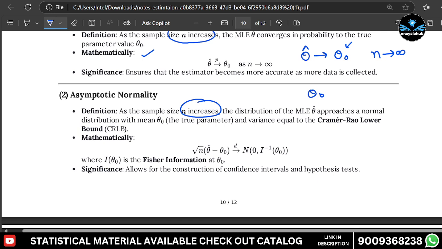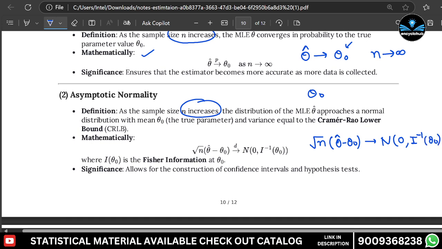Mathematically, we can say root n times (theta cap minus theta 0) tends to a normal distribution where the mean is 0 and the variance is equal to the Cramer-Rao lower bound.